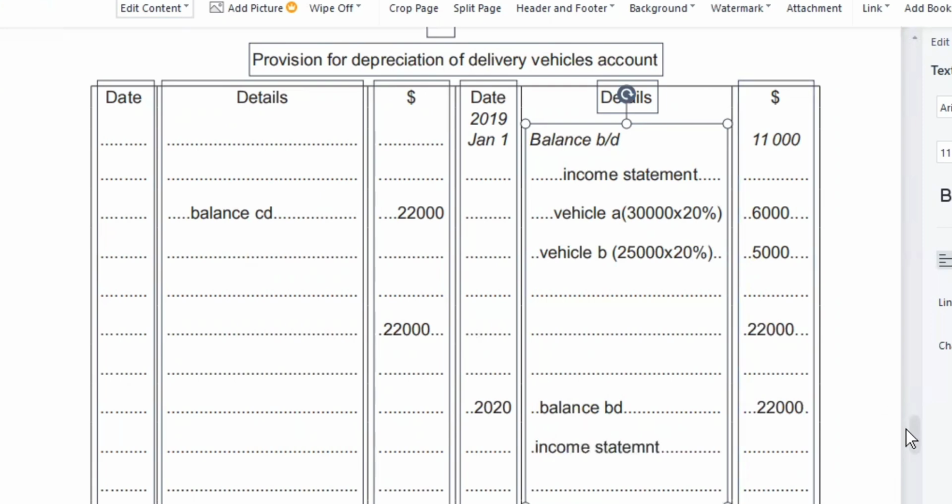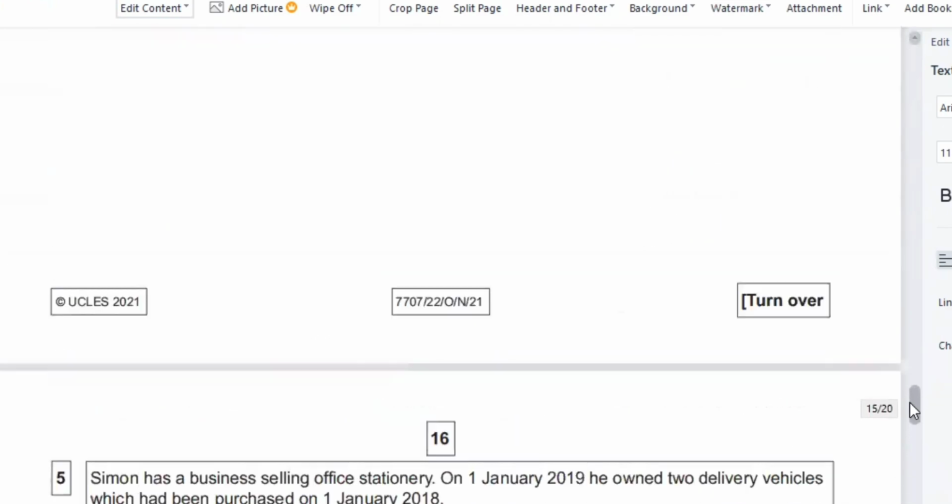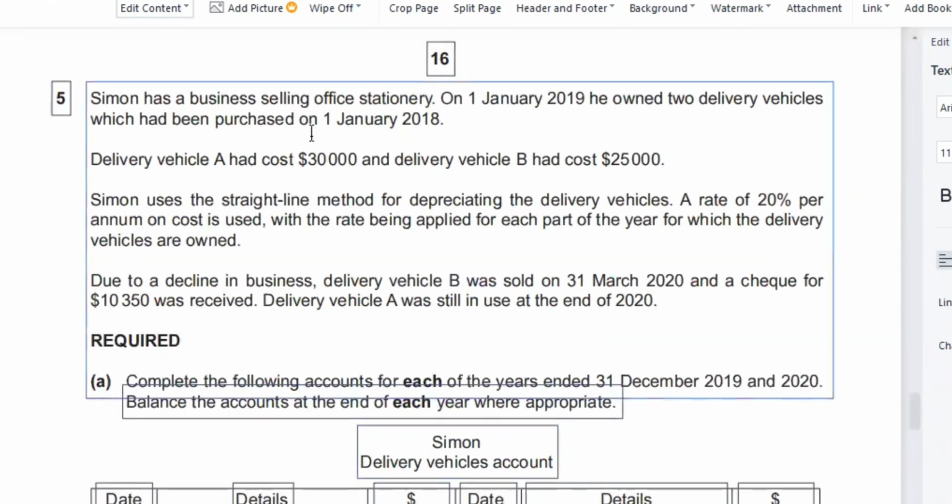Okay. As delivery vehicle A was still in use at the end of 2020, that means for 2020 whole year depreciation of vehicle A would be charged, and vehicle B was with us for 3 months.